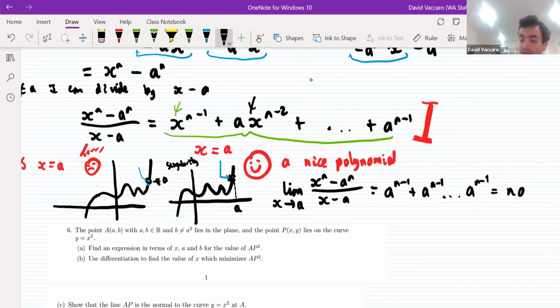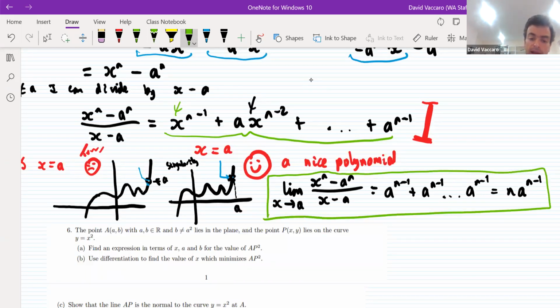So I get n a to the n minus 1. Okay. And so now what does this limit have to do with differentiation?